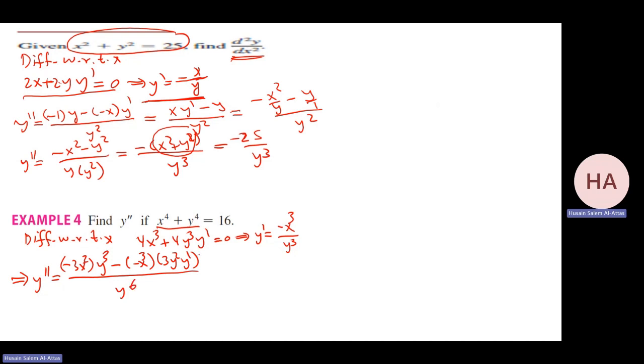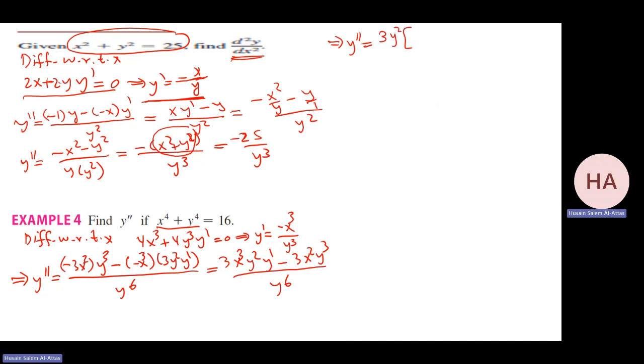This is just simplified. That will be what? Minus minus, that will be 3x cubed y squared y prime minus 3x squared y cubed over y to the power 6. Plug in y prime. I can take 3y squared as a common factor.